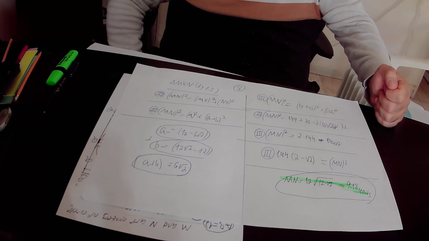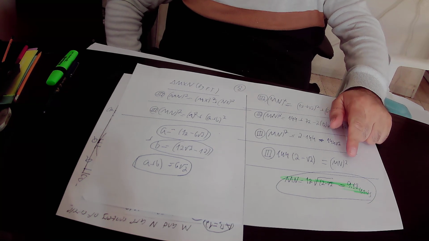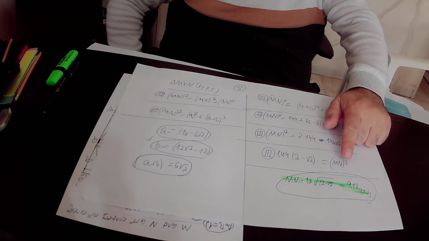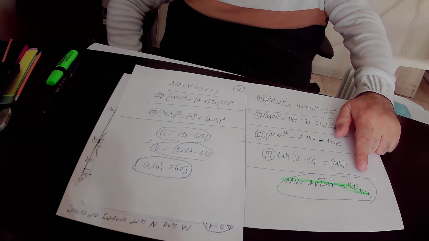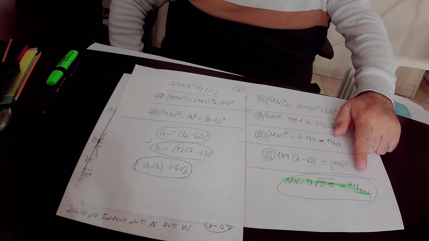I repeat again, MN equals 12 times the square root of 2 minus square root of 2, or in numbers, 9.18 units.